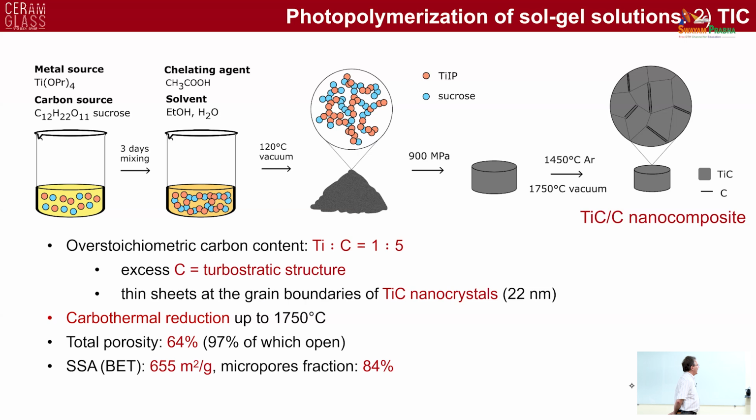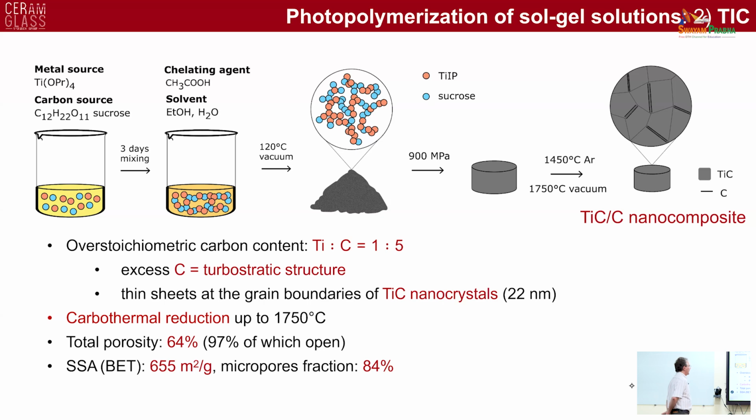And after preparing the material, in this case, we simply created powders, because we wanted to have a look at the material by itself. We generated titanium carbon nanocomposite structures with a titanium over carbon ratio of 1:5.